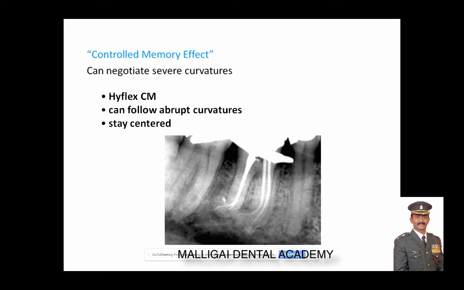The rotary file will follow the curvature of a severely curved canal without having a spring back that causes zipping or ledging of the canal. Abrupt curvatures can be negotiated, and at the same time the file remains centered in the canal.